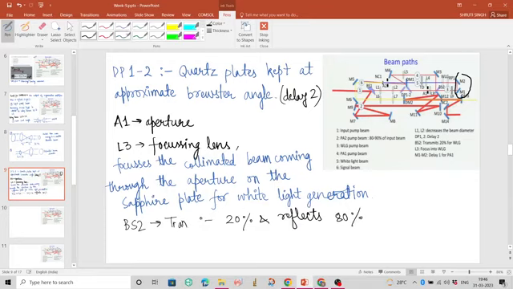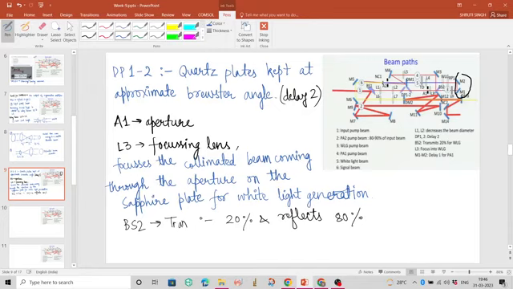So from this part we will go in this direction first and the reflected one we will see later. So after getting transmitted, what will be the intensity of this light?